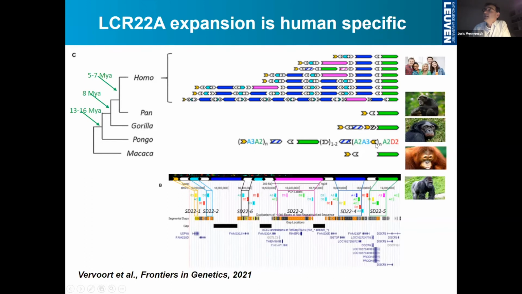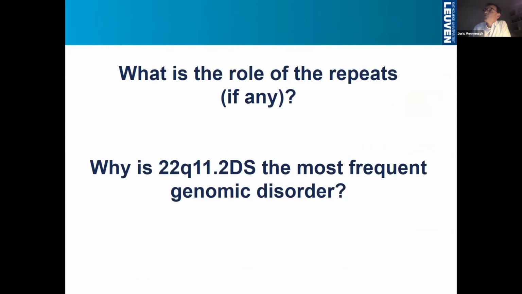And then in the orangutan, there is some variability, but it is different as compared to the human. And macaque more or less has the shortest unit, which we see also in chimp. So here we see that the expansion, or at least this extreme variability, is human specific.